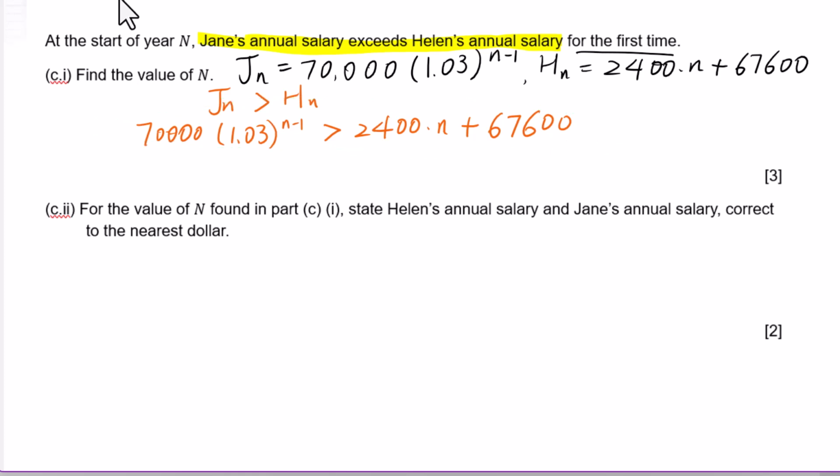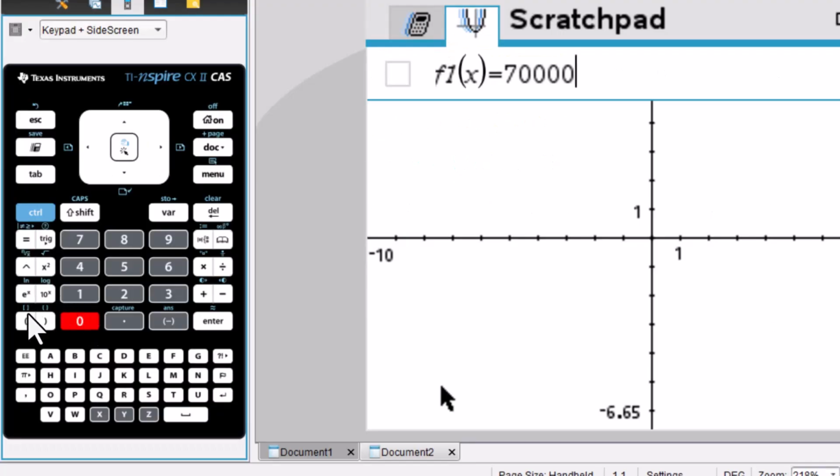Move everything to the left side. 70,000 times 1.03 to the n minus 1's power minus 2400 times n minus 67,600 greater than 0.